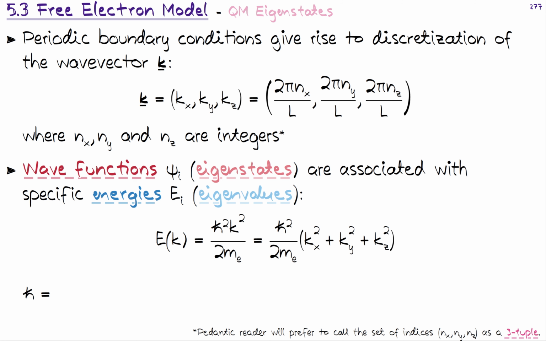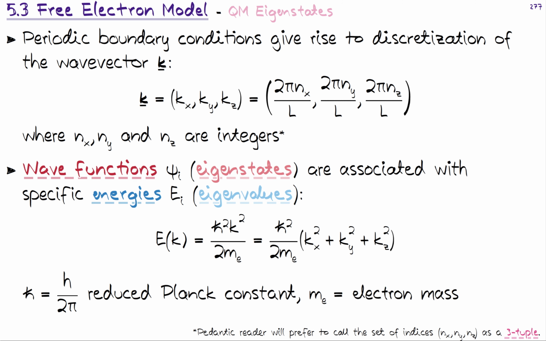So h bar is of course h divided by 2 pi, meaning that it's the reduced Planck constant, reduced as in slightly smaller in value than the actual Planck constant h, and me is the electron mass. This is a kind of memory rule I used myself. So why on earth is it called a reduced Planck constant?